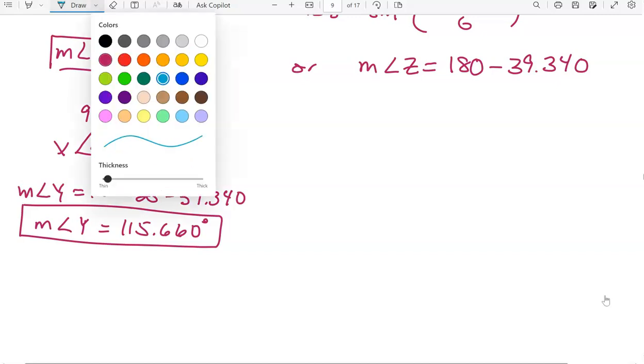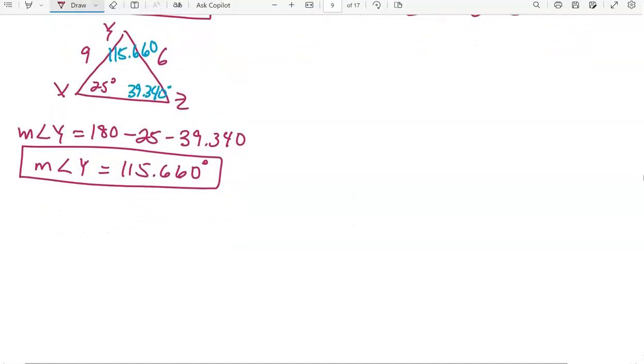In order to do so, we need to use the law of sines again. So that would be sine of 115.660 divided by y, the measure of the side opposite angle Y, equals, and I'm going to use 25 degrees and 6 for my other proportion because I don't want to have to worry about a rounded answer.